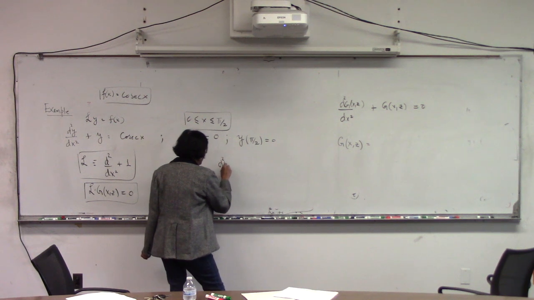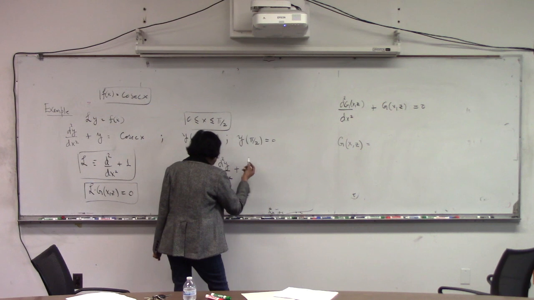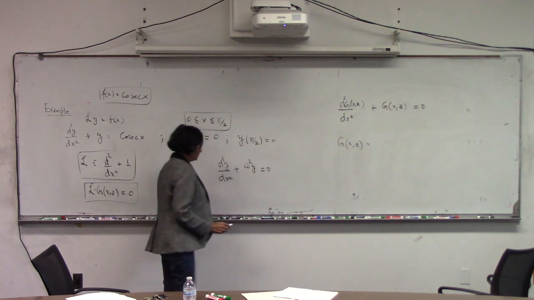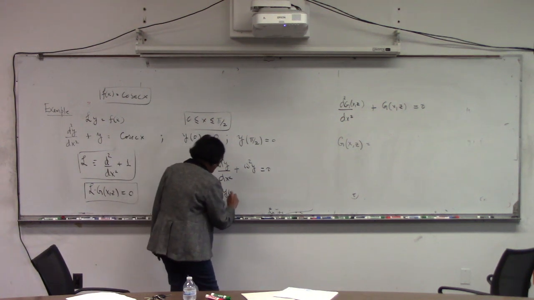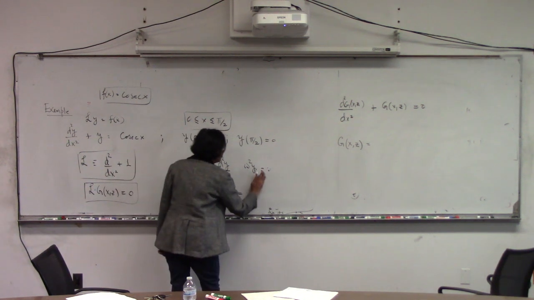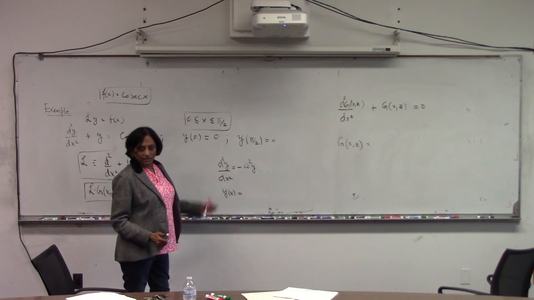Maybe it's minus omega squared y or something. What's the solution of y of x in this case? This is equal to minus omega squared y, right? That's your simple harmonic oscillator.